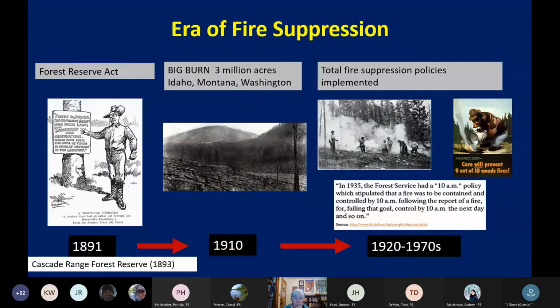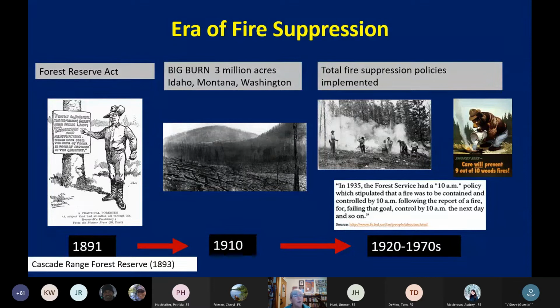As more and more people began to move into Western Oregon, and actually across the nation in general, there was a real appreciation of the recreation qualities that natural forests provided. And there was a real push to try to preserve those qualities.